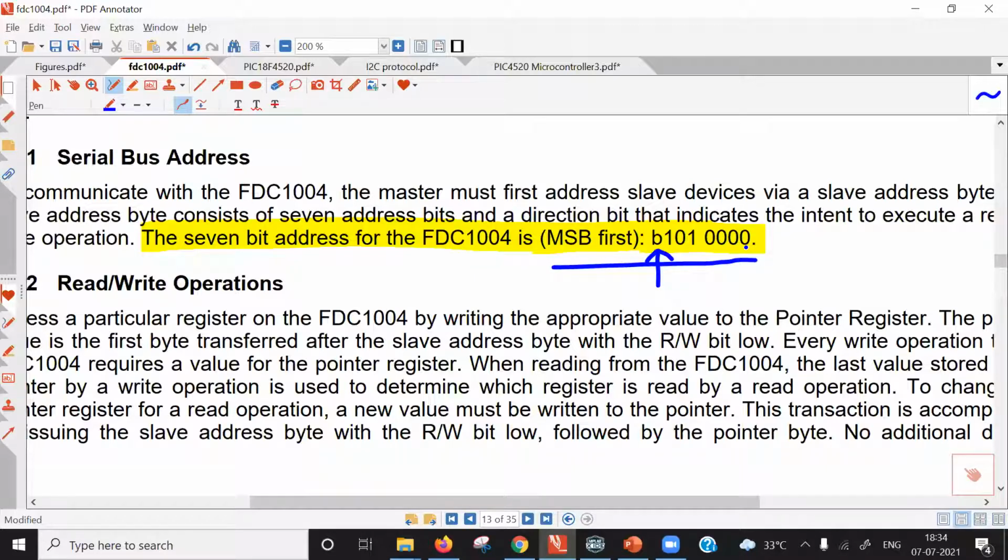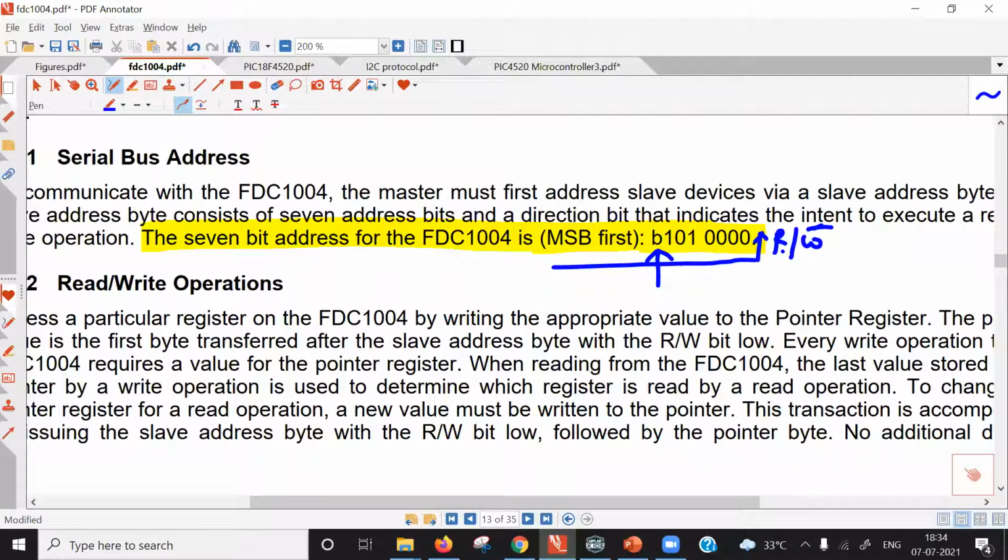Data transmission from the master is always 8 bits. So we must combine this 7-bit address along with a read/write bit. Whenever we transmit an address, we must insert one more bit, and that bit is the R/W bar bit. When this bit is logic 1, it means that in the next cycle, the master will read data from the slave device, and W bar means write.